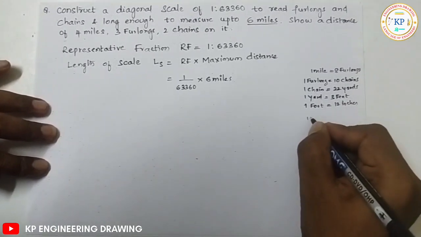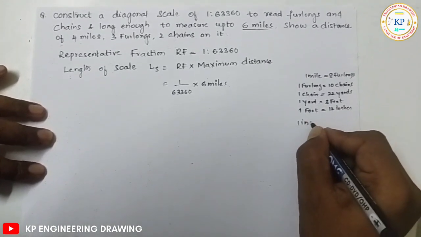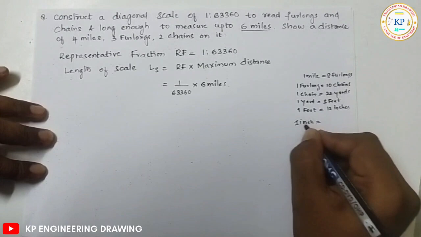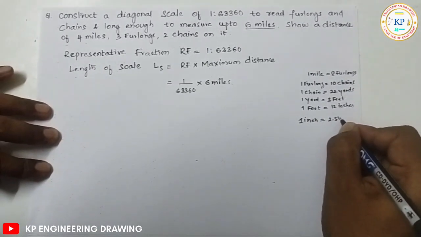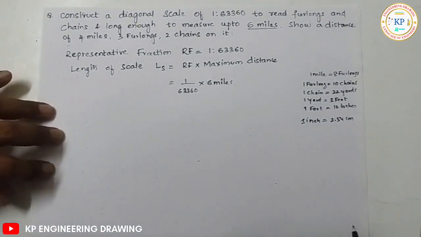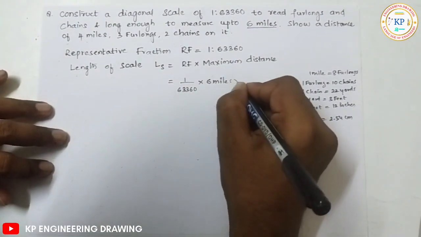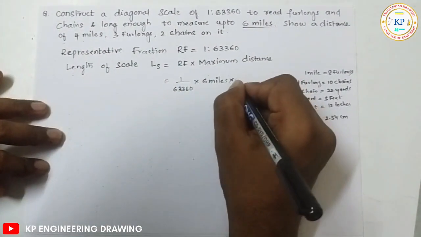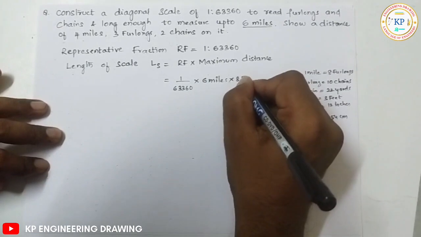And already we know that 1 inch is equal to 2.54 centimeters. Okay, so now we can convert this as 6 miles into 8 furlongs into 10 chains into 22 yards into 3 feet into 12 inches.